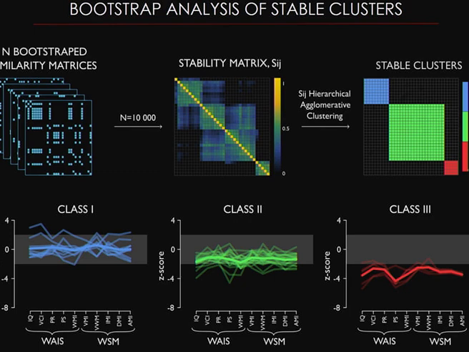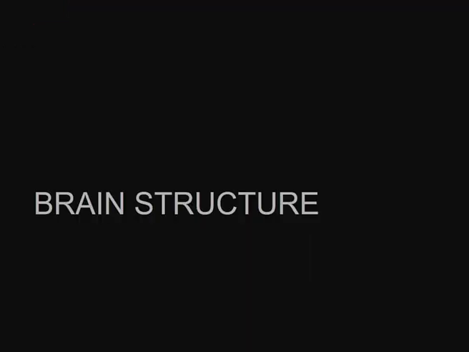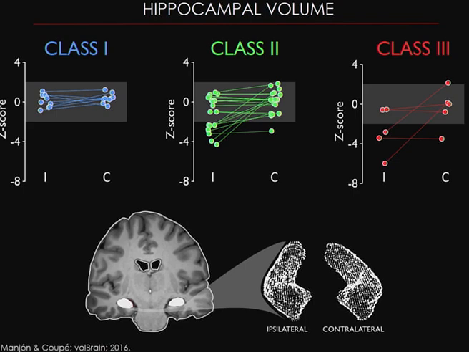As you can see here, class 1 has the boundaries of normal subjects, or the control subjects that are represented in the square. Then class 2 has an overall diminishment in the cognitive scores, and class 3 has a very large affection in all scores. So then we look into the brain structure for each of these classes. The first thing we measured was the hippocampal volume. This is a percentage of the volume for the subjects.